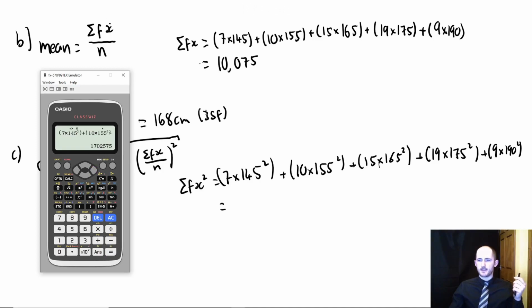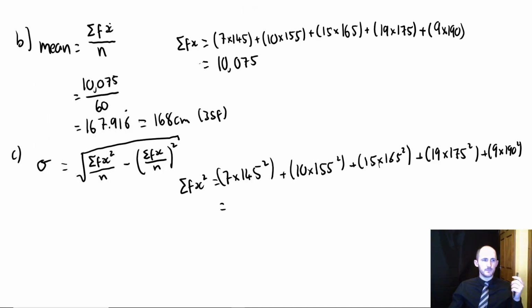And as you can see, it doesn't give me this squared. Never mind, I put that comma in the wrong place. 1.7 million. Cool. So now we can actually put this into our formula.